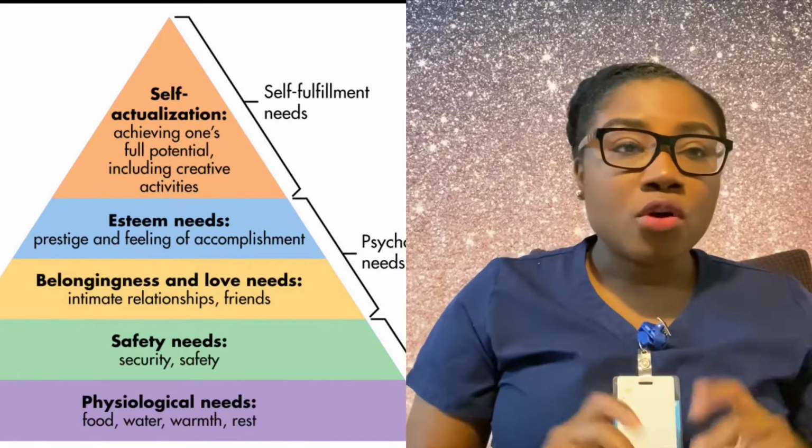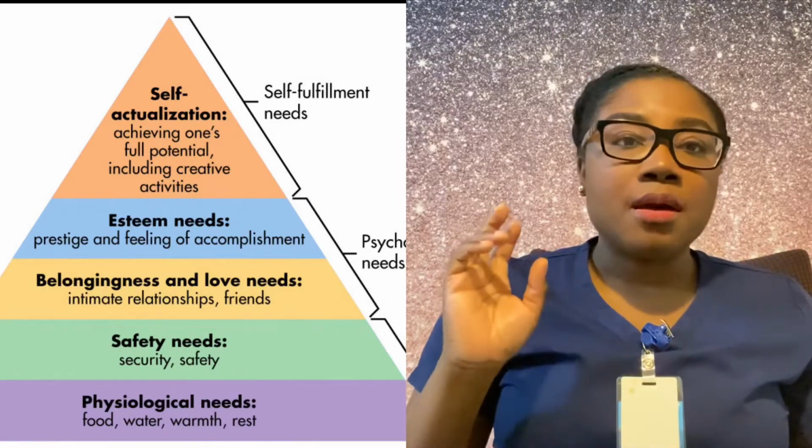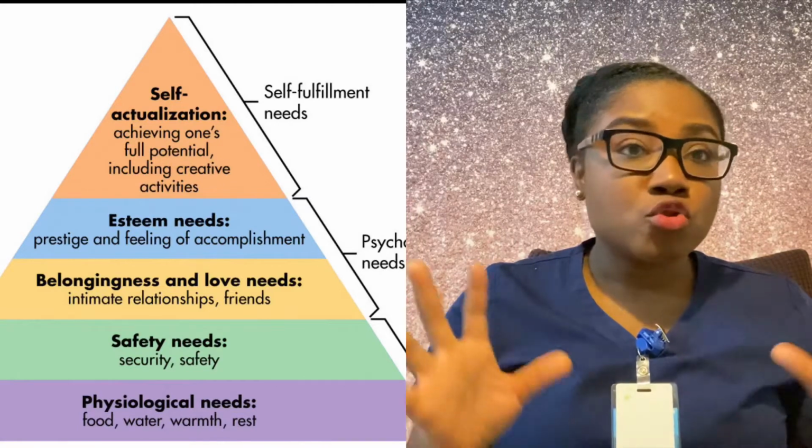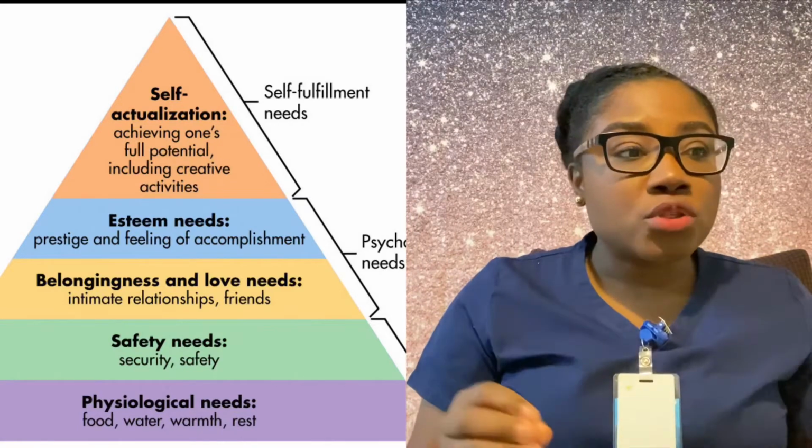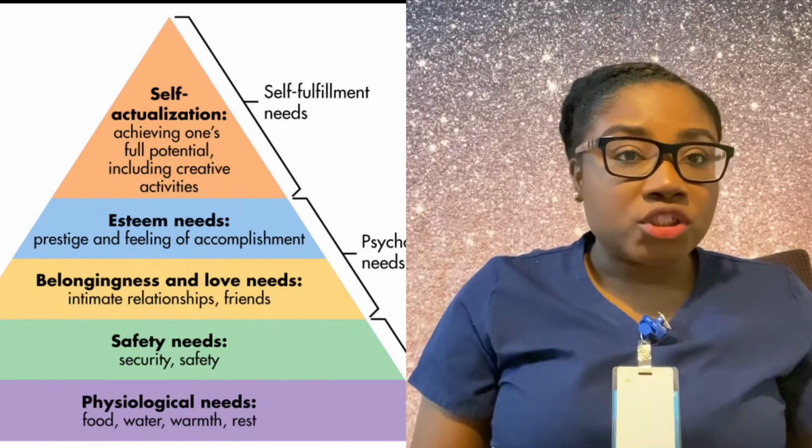So these 2 are very important: ABCs and the Maslow's hierarchy of needs. Once you know those and you use those tricks to answer your questions, then you'll pass your priority questions, right? So that's it.